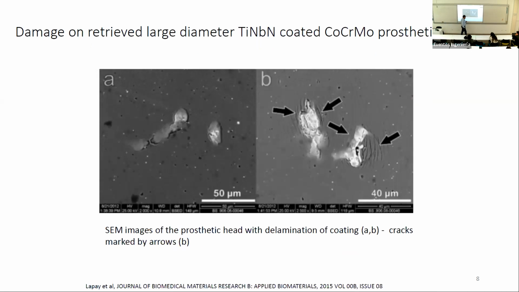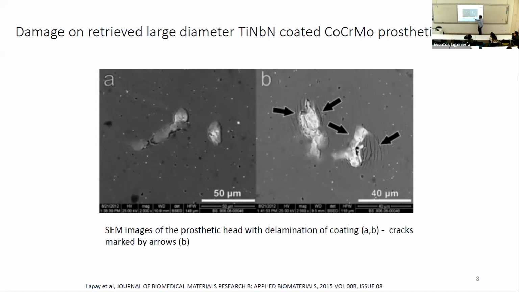Over here, I'm showing some images which I took from a paper, and these are showing a cobalt chromium molybdenum alloy which has been coated with a titanium niobium nitride, a few microns thick, and they have been implanted, and the bearing surface was examined some 3 to 4 years, I think, after explantation.